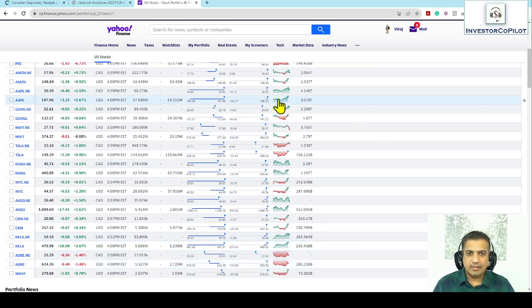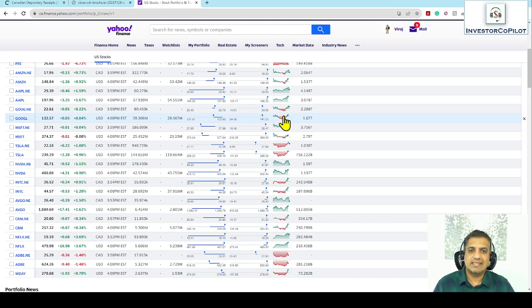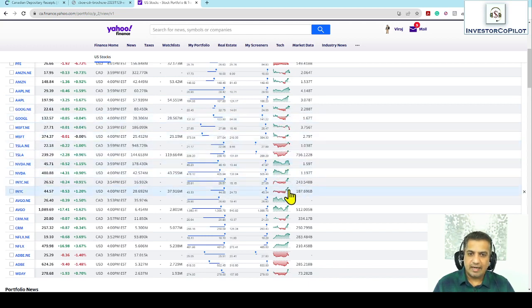So you can look at the day-to-day to make an exact comparison. And from my study, I'm finding that most of the CDRs and the original US stock move in relative unison. They are not exactly synchronized, but there is not a lot of difference that I find, and the curves are quite parallel to each other. That is what I find.